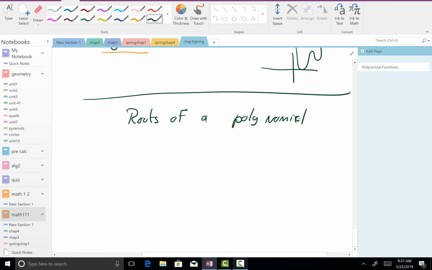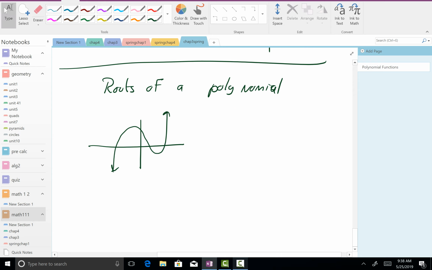This is going to have 3 x-intercepts, 3 zeros, and 3 roots. These are all the same thing, pretty much. 1, 2, 3. 3 x-intercepts, 3 zeros, 3 roots. All the same thing.